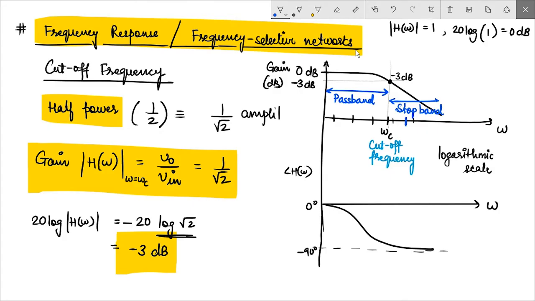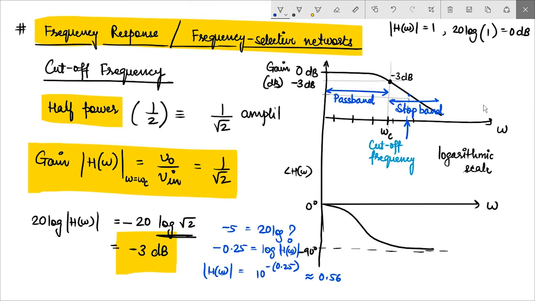If we selected a frequency somewhere here, for which the corresponding gain is say minus 10 dB or minus 5 dB, minus 5 dB would correspond to how much in magnitude? That means the output for this particular frequency where gain had fallen to minus 5 dB is actually 0.56 times input.